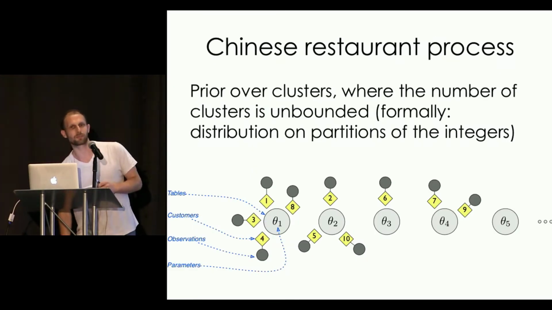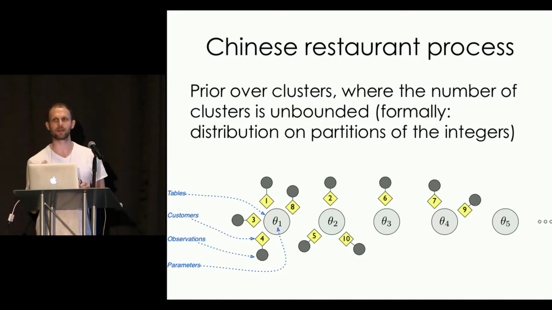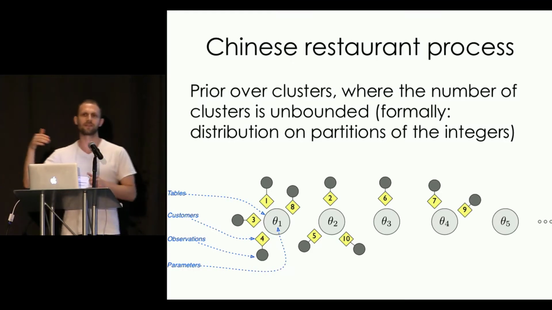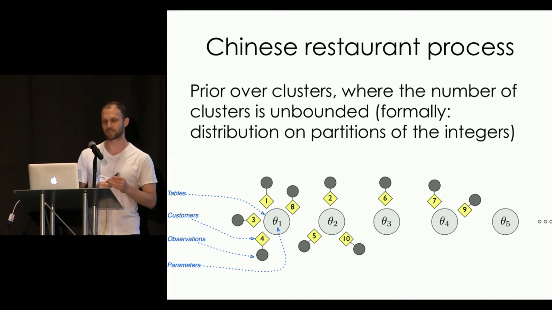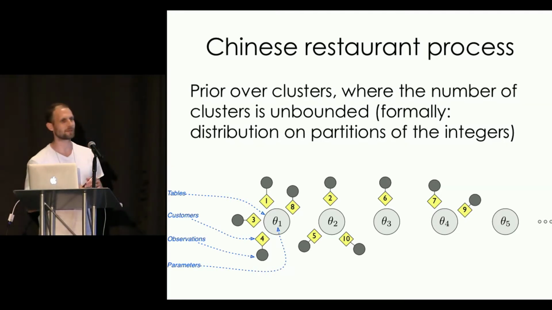So the Chinese restaurant process is a particular representation of that prior, which is useful in cases where you don't know the number of clusters a priori. So we can think about the Chinese restaurant process as a sequential stochastic process that generates an unbounded number of mixture components. So the way it works is this, and it's sometimes useful, although sometimes confusing, to appeal to this culinary metaphor that gives it its name.